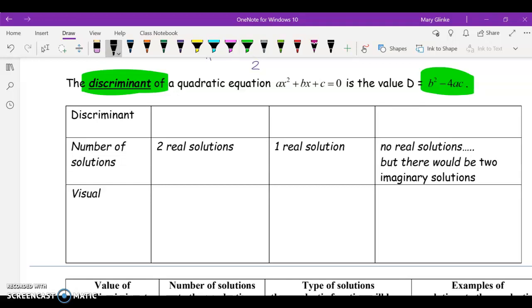And so the discriminant was either one of 3 things in these last cases. We either had a positive number, that was example 2. When we got that positive number, we actually got 2 real solutions. So if you're imagining the graph, that would hit the graph in 2 spots. Example 1 didn't give us 2 solutions, it gave us 1 solution.